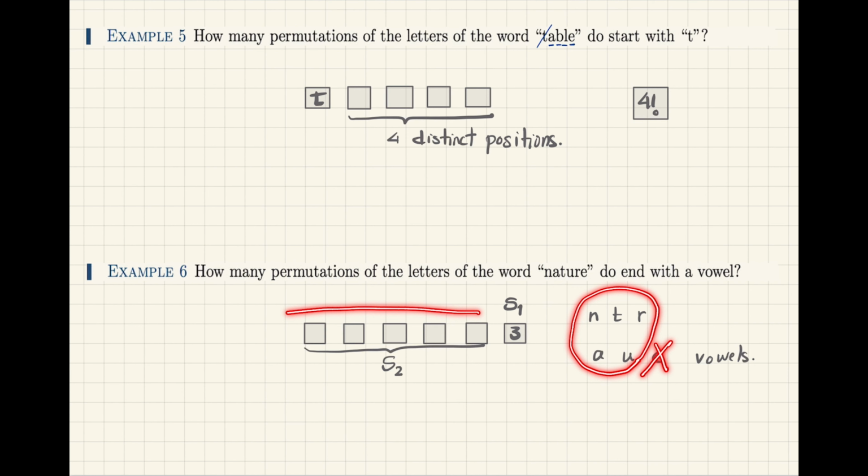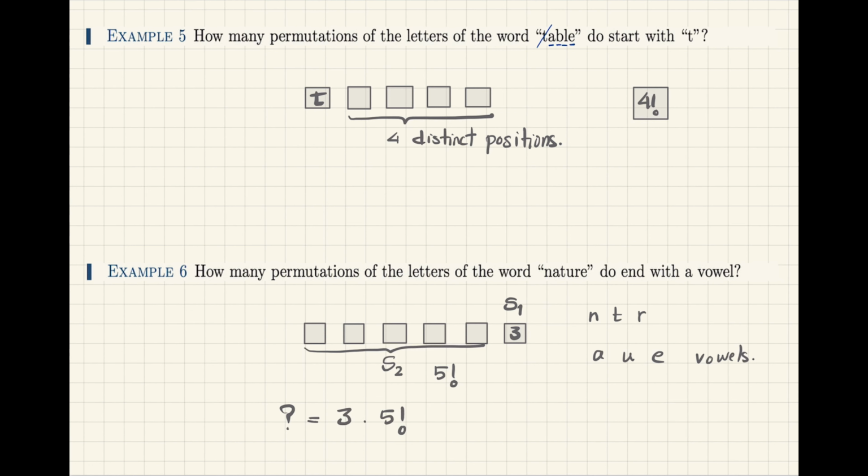And this 5 factorial is independent of my choice for the first stage. If I have chosen U in the first stage, then I will be left still with 5 items. So stage 2 can be done in 5 factorial ways. Stage 1 can be done in 3 different ways. So in total the answer to this question is 3 times 5 factorial.